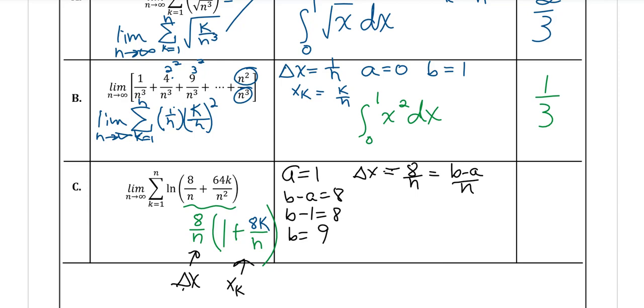Writing my definite integral, I'm going to go from 1 to 9. Now that's my x sub k, so that's going to be ln of x dx. And when I do that, I get a value of 11.775.